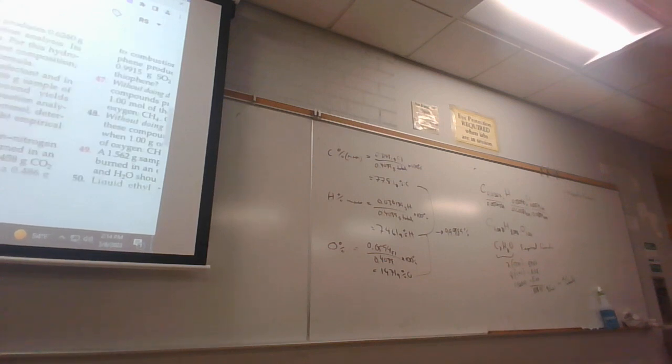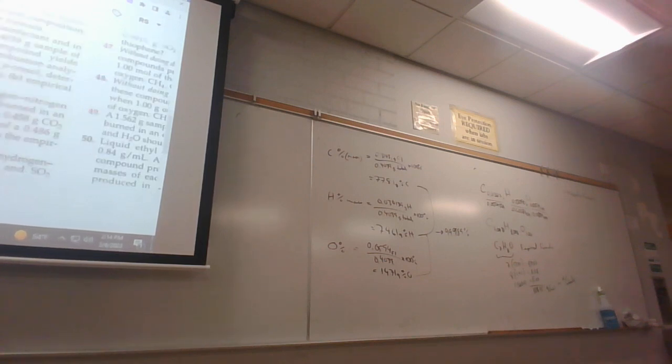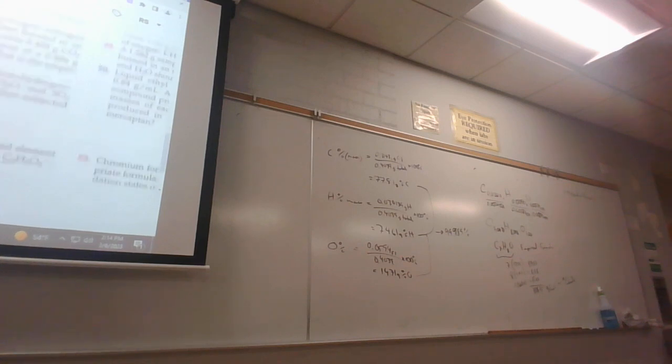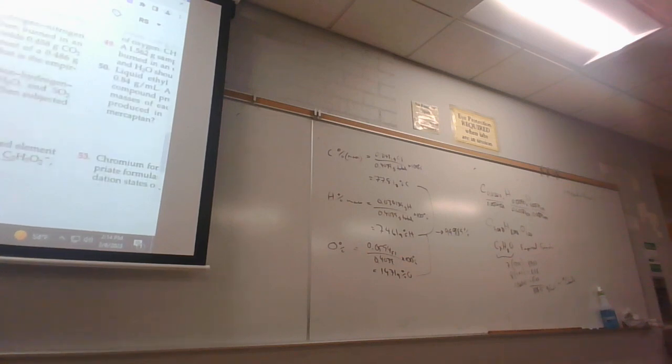Here they give us the molecular mass, 106. Here they don't give us anything, but they only tell us to derive the empirical formula, not the molecular formula. Otherwise, we wouldn't be able to do it. To go from empirical to molecular, I necessarily need the molecular mass. Otherwise, you can't figure it out.